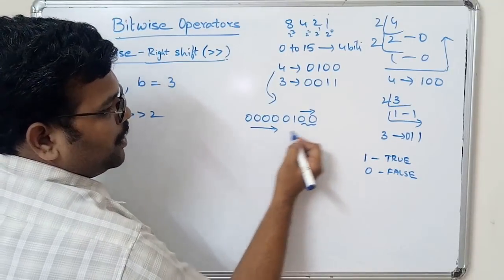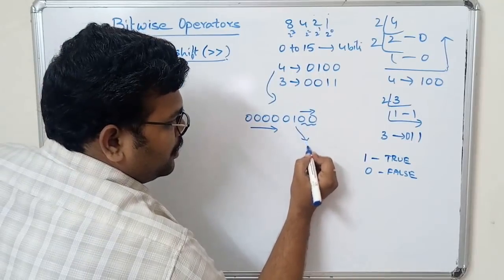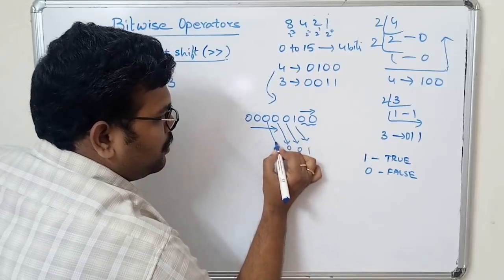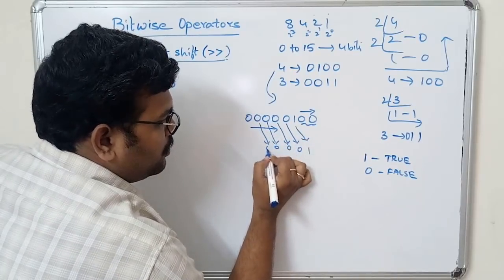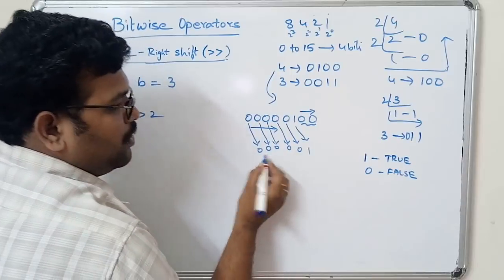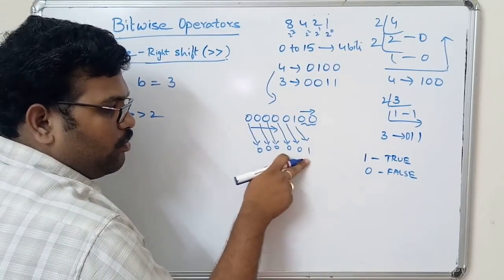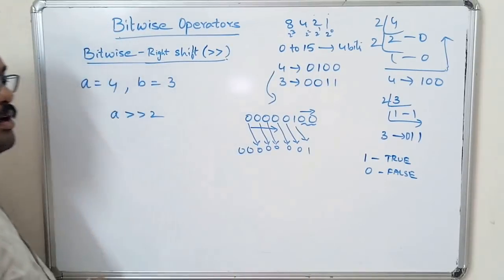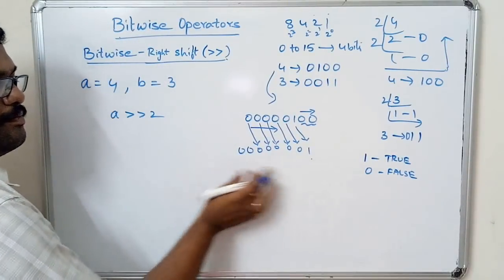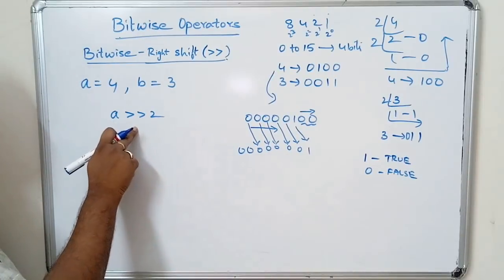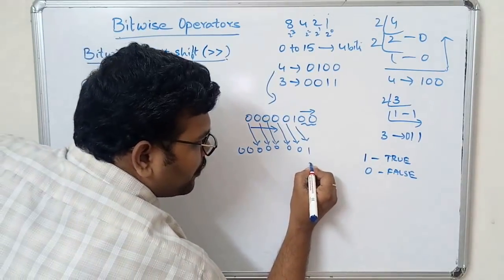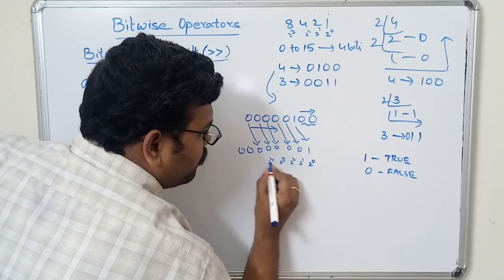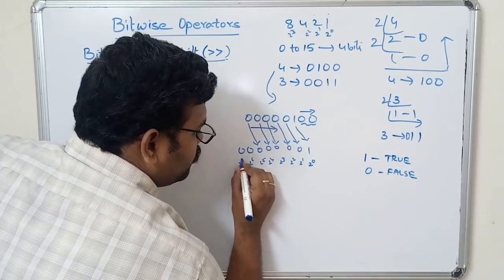Now see, 1 0 0 0 0 0. Again there are only 6 bits, so add zeros on the left side. So this is the result for right shift. Now convert it to decimal: 2 power 0, 2 power 1, 2 power 2, 2 power 3, 2 power 4, 2 power 5, 2 power 6 and 2 power 7.